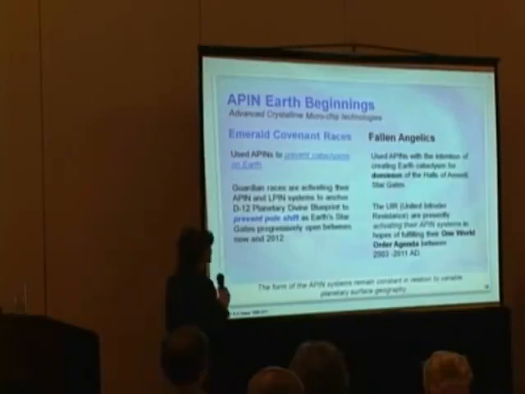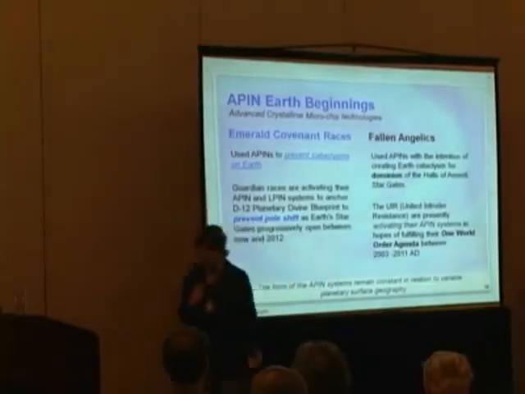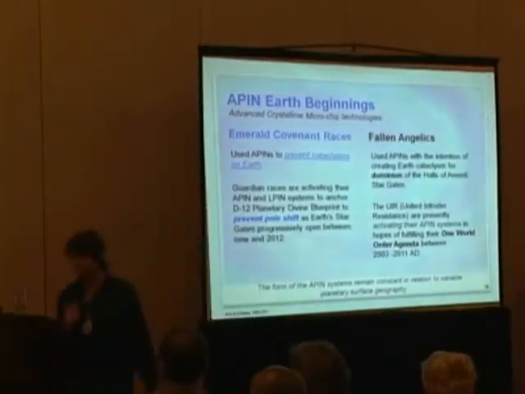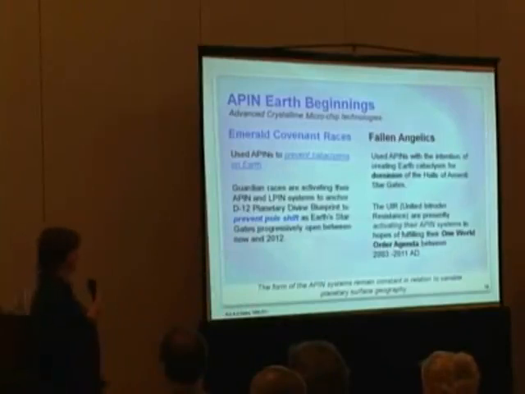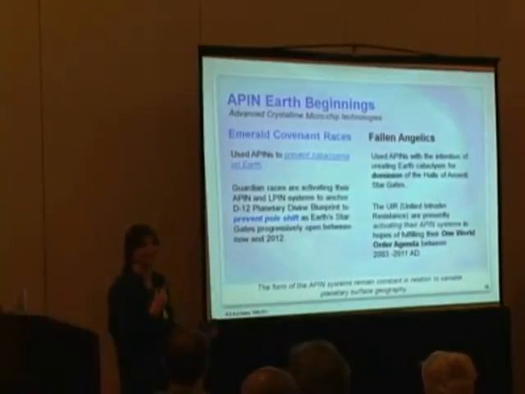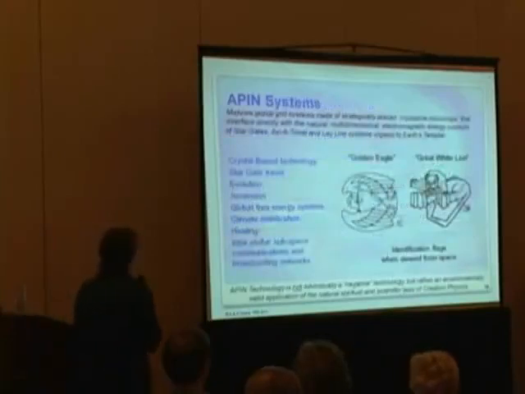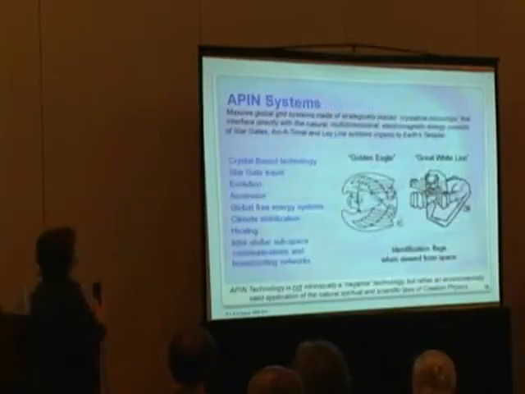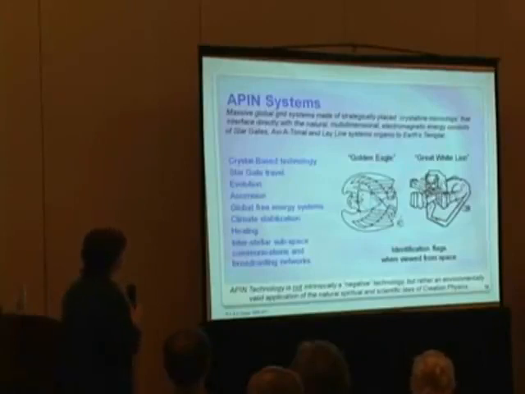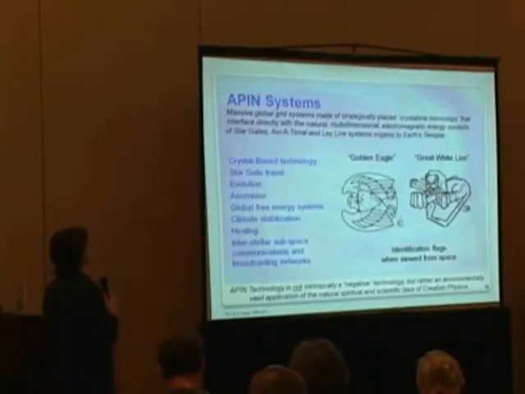I found this interesting because when I first read Voyagers 2, I was like, 2011? We've got some time. It's 2011, guys. So the APIN systems are massive global grid systems made of strategically placed crystalline microchips that interface directly with the natural, multidimensional, electromagnetic energy conduits of stargates, ley lines, and exitonal line systems that are organic to Earth's Templar.